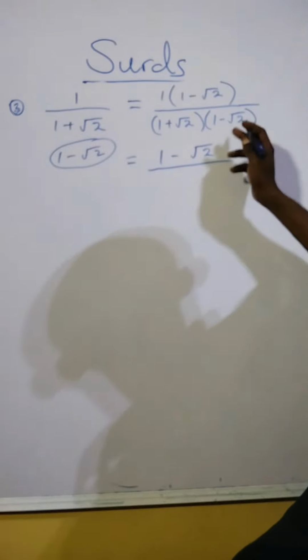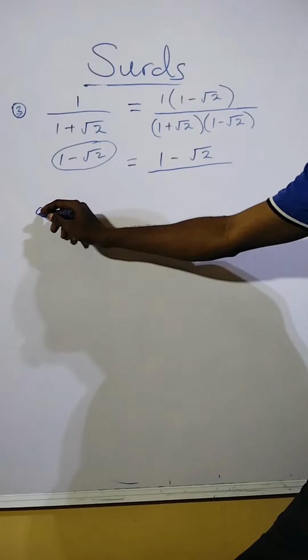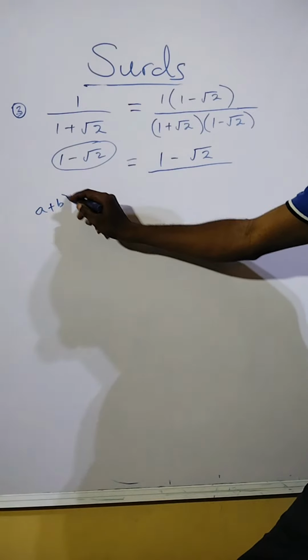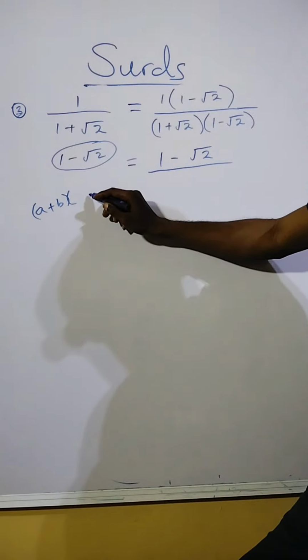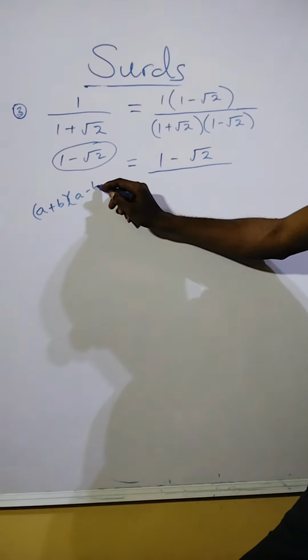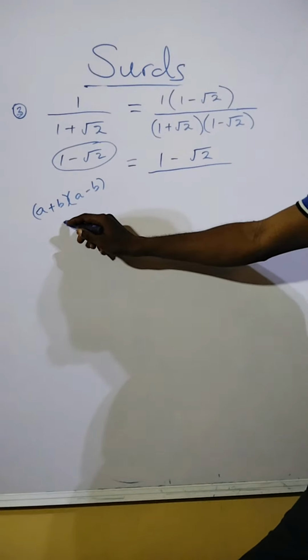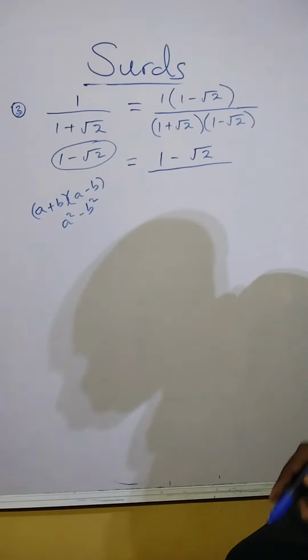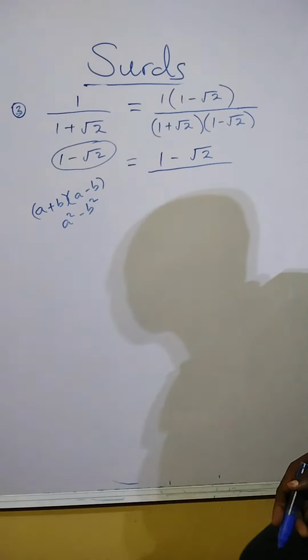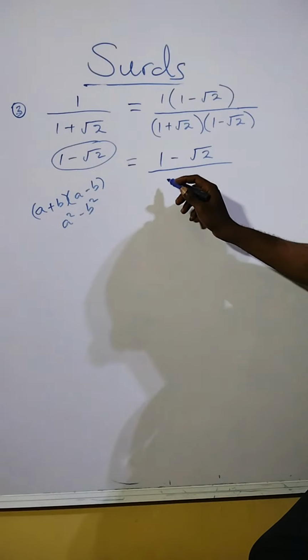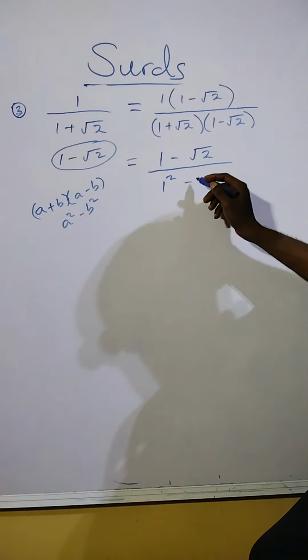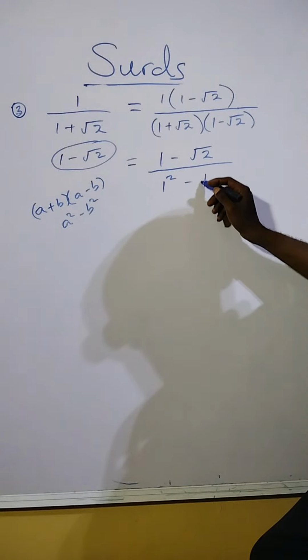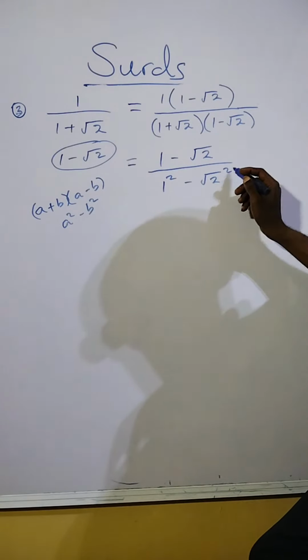So whenever we have a plus b, in two brackets, also one bracket a minus b, we have a squared minus b squared. Then a here is 1. We can write it as 1 squared minus root 2, that's b, that's root 2 squared.